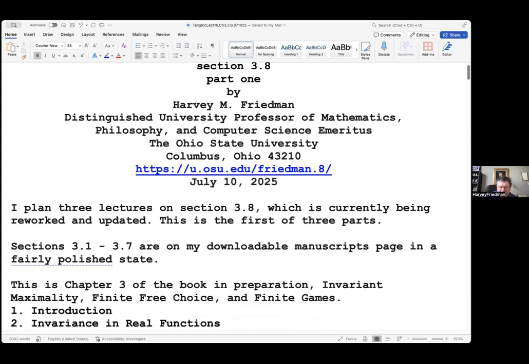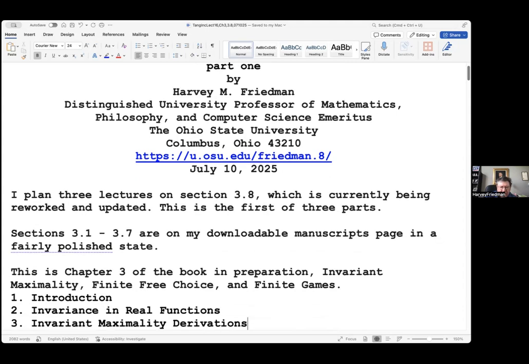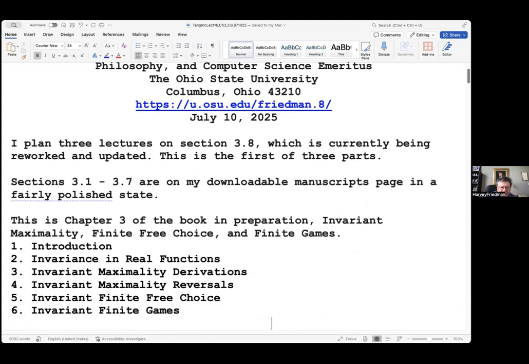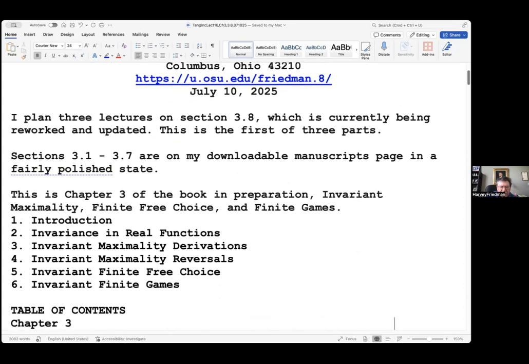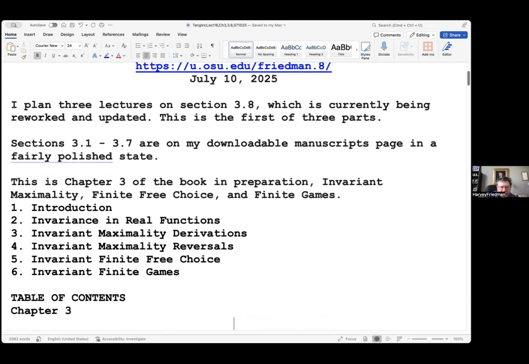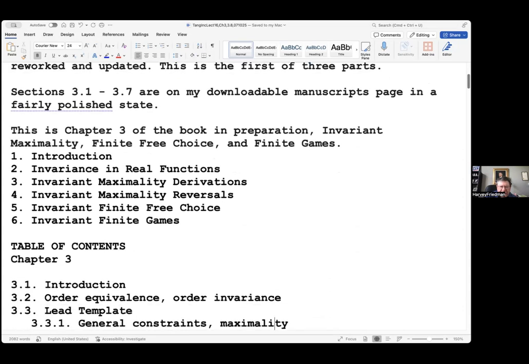I already started 3.8 a little bit last time, but things are going to get reworked in a sense that you will see. 3.1 to 3.7 are pretty polished. And I keep changing the name of the book.